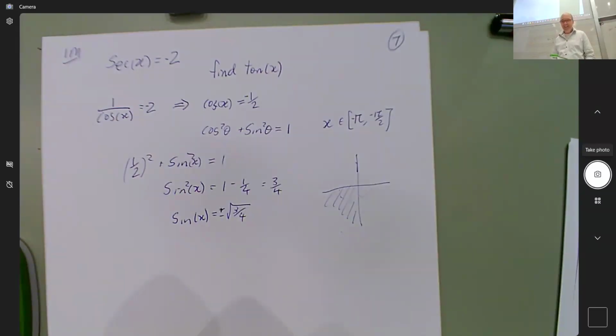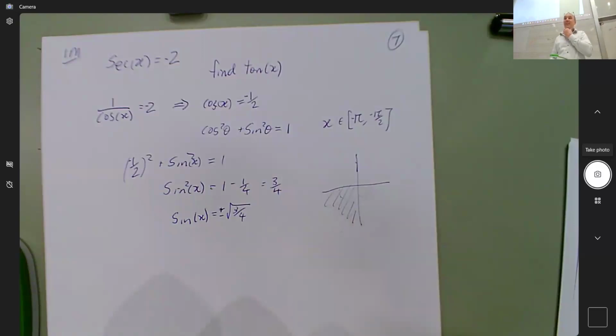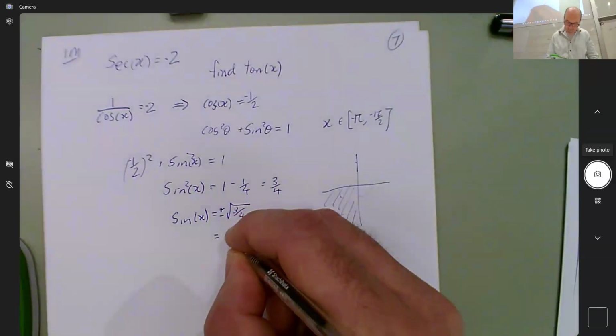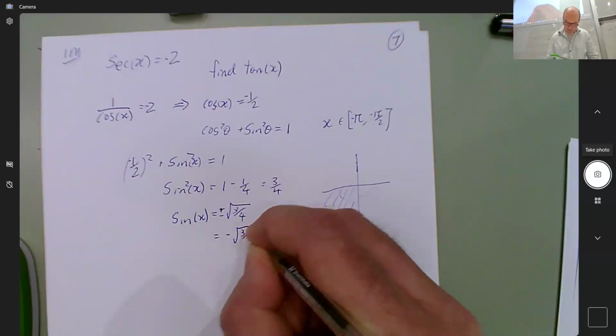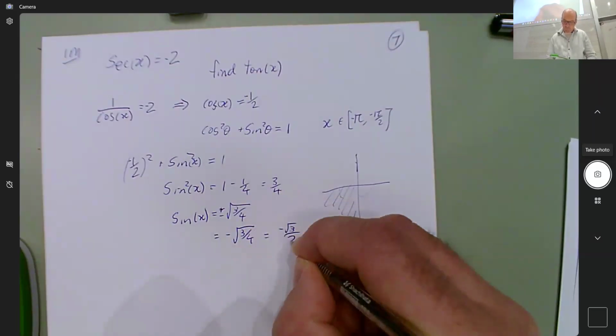We needed to have cosine as negative, so we're going to adjust that. Third quadrant, sorry, third quadrant. And third quadrant is where both sine and cos are negative. All right, sweet. So strictly speaking, this is minus square root 3 on 4. I'm going to go minus root 3 on 2.